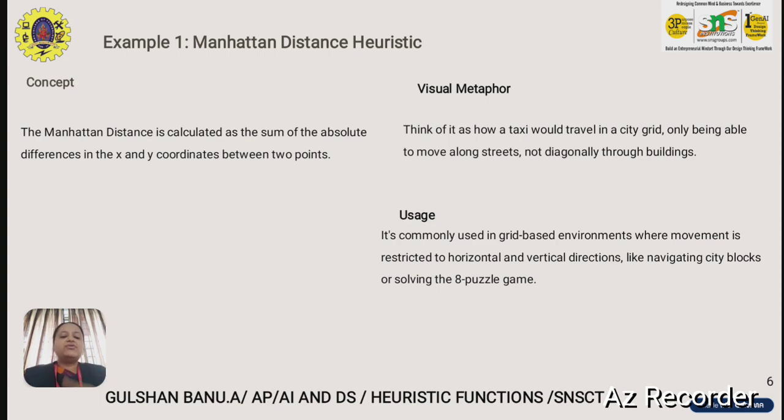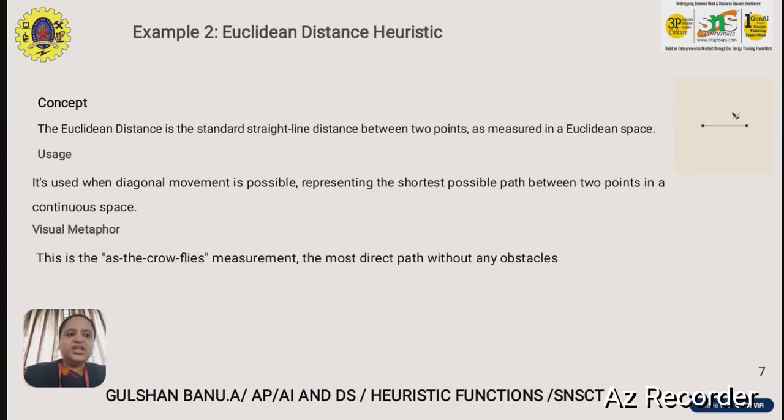For example, if you are traveling from point A to point C and there is an intermediate point B, it calculates the value from A to B plus B to C. The 8 puzzle problem is one example of this Manhattan distance function, in which the numbers are placed in blocks, and the same number will not be placed vertically, horizontally, or diagonally.